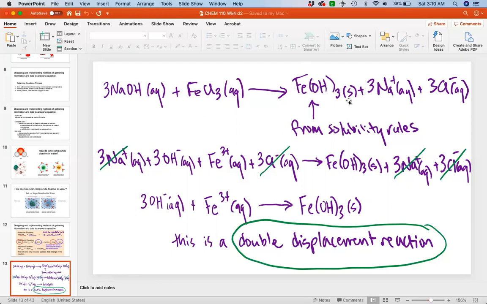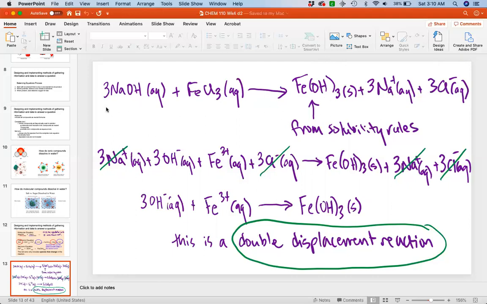And that's going to form iron hydroxide plus sodium and chloride. So if we think about our solubility rules, which we had out in class, one of the things we'll notice is that hydroxides are insoluble. So that's the reason why there's a solid here.